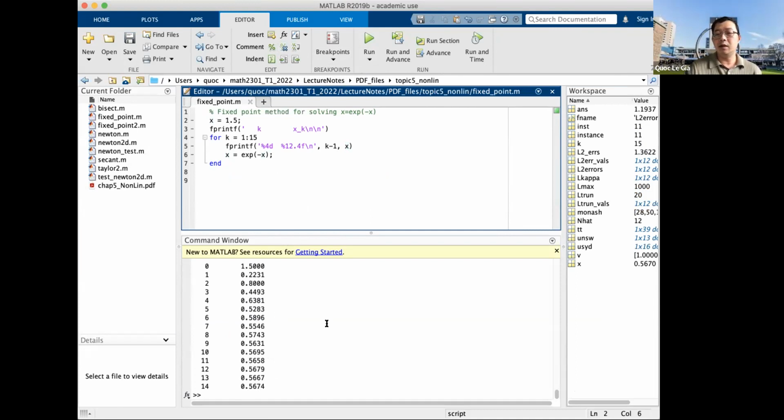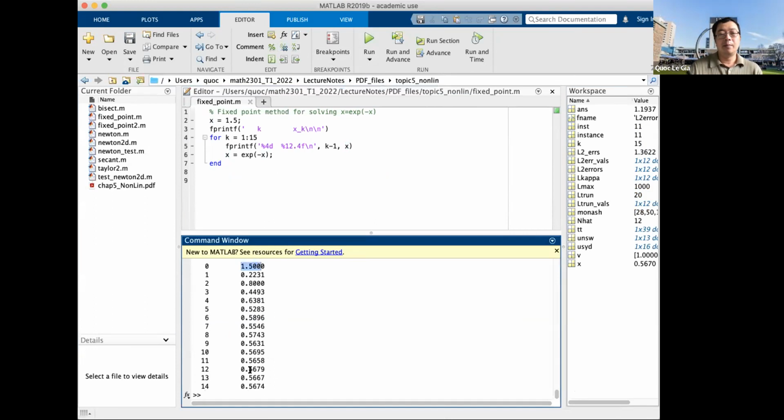So it doesn't depend a lot on the initial guess. Maybe it takes a few more iterations to get to the fixed point, but the iteration moves to the correct answer. Does it make sense?